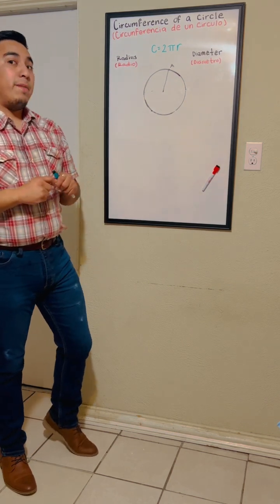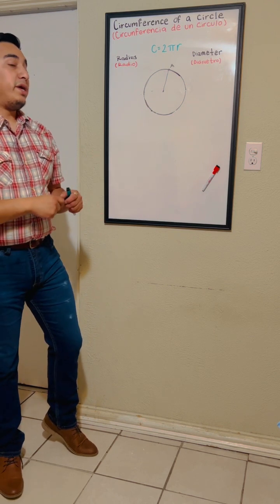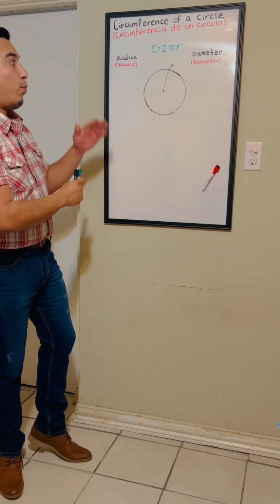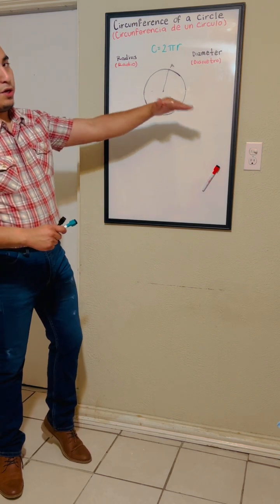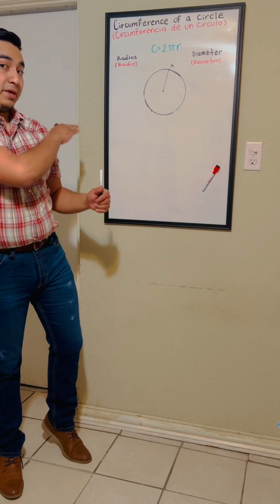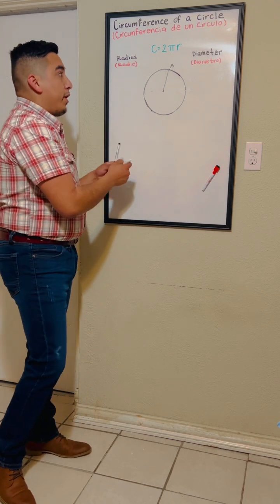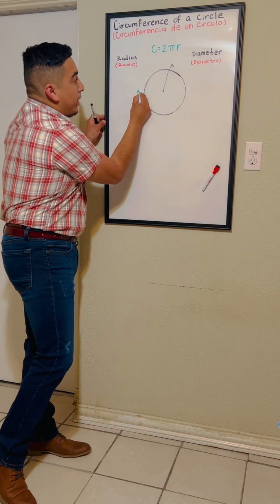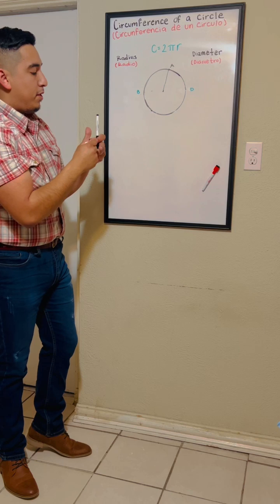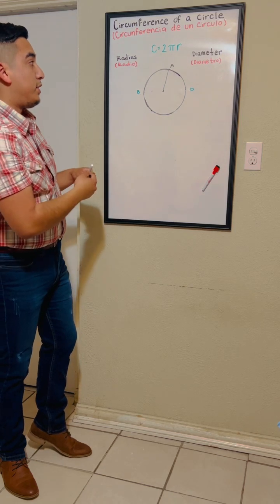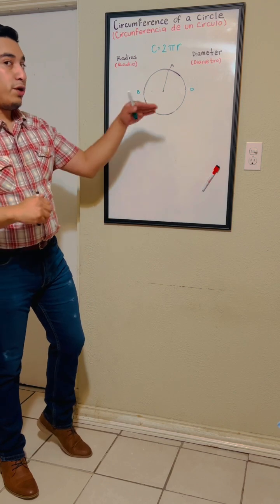Now, diameter is going to be another terminology. The diameter is a straight line that passes from one side of the circumference through the center of the circle to the other side of the circumference. So we could label those points as point B and point D. We connect those 2 points by a straight line going in through the center of the circle.